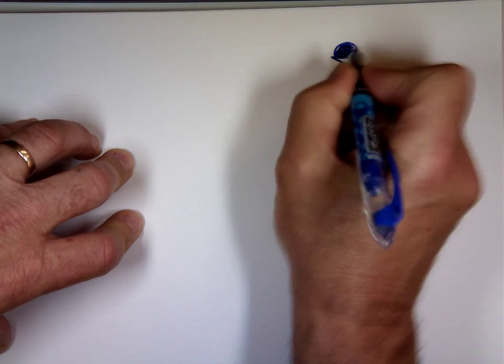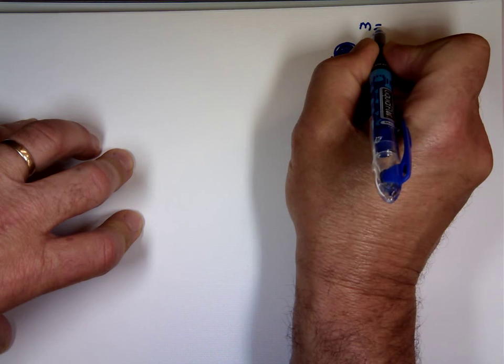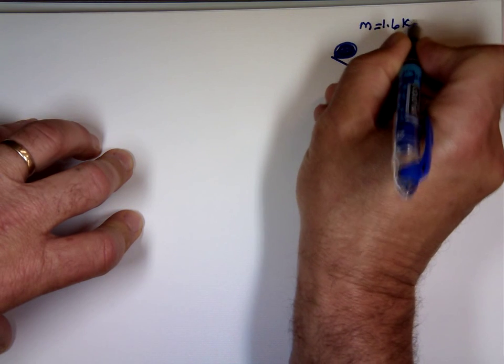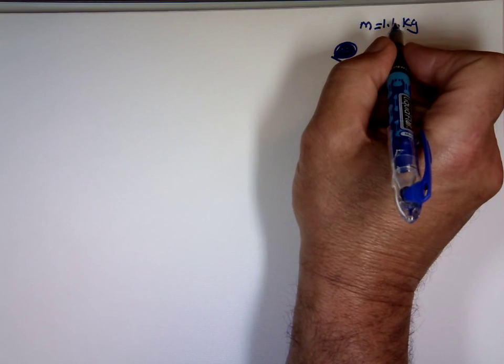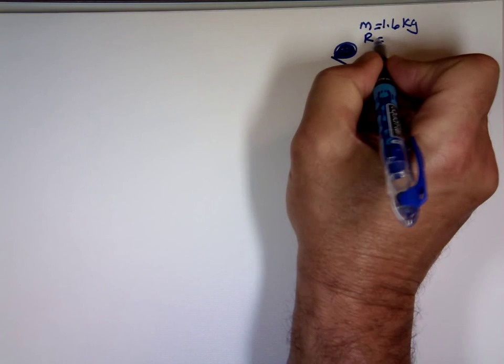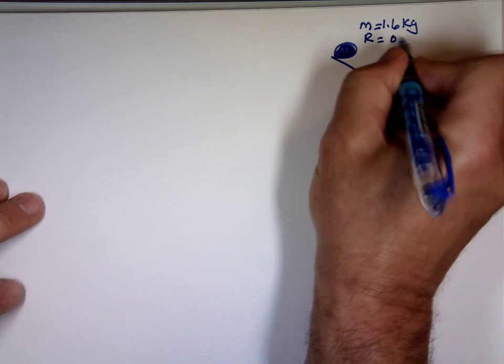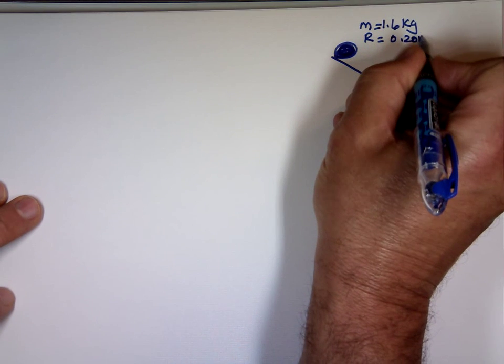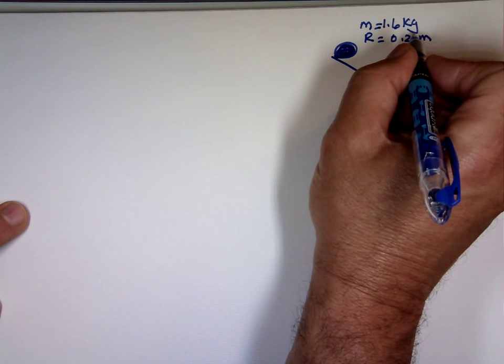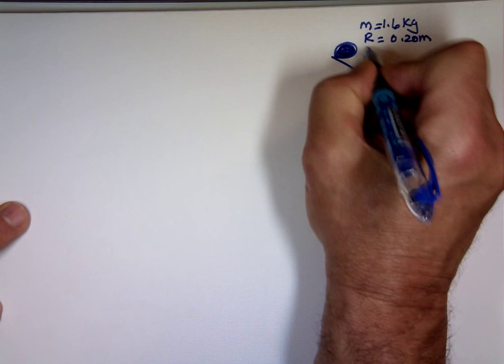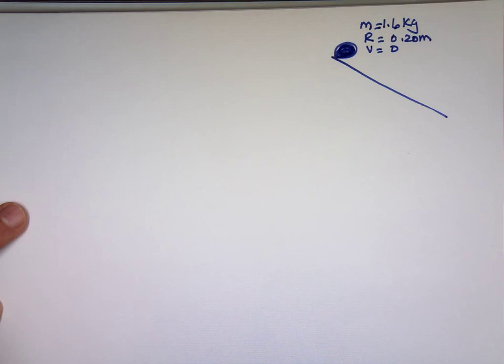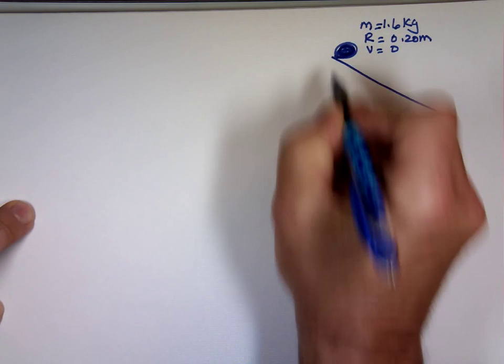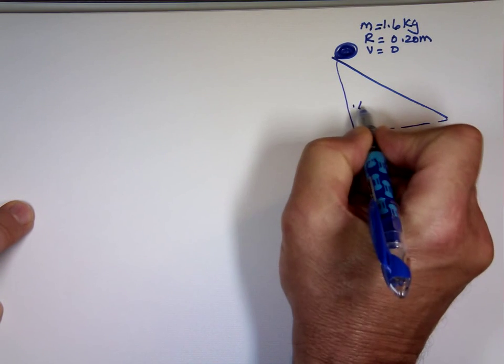The mass is 1.6 kilogram, has a radius r equals 0.20, is released from rest, initial velocity is 0, along a ramp, allowed to roll without slipping. The ramp has 0.85 meter height, 0.85 meter high.